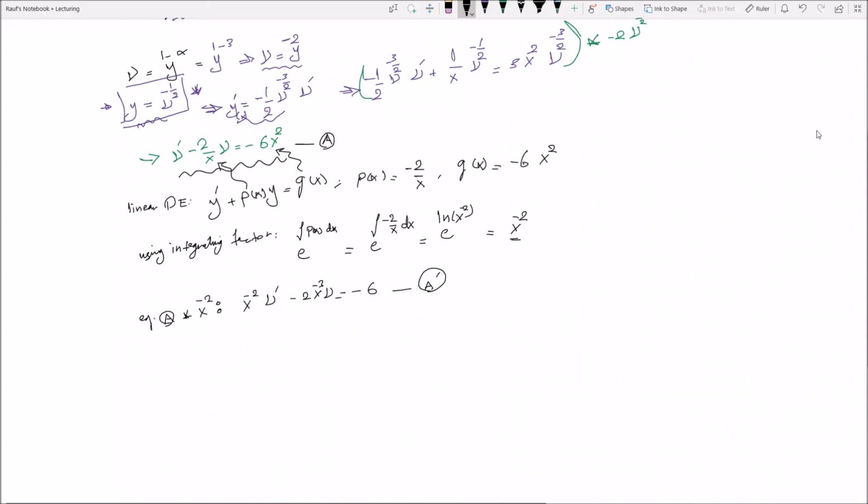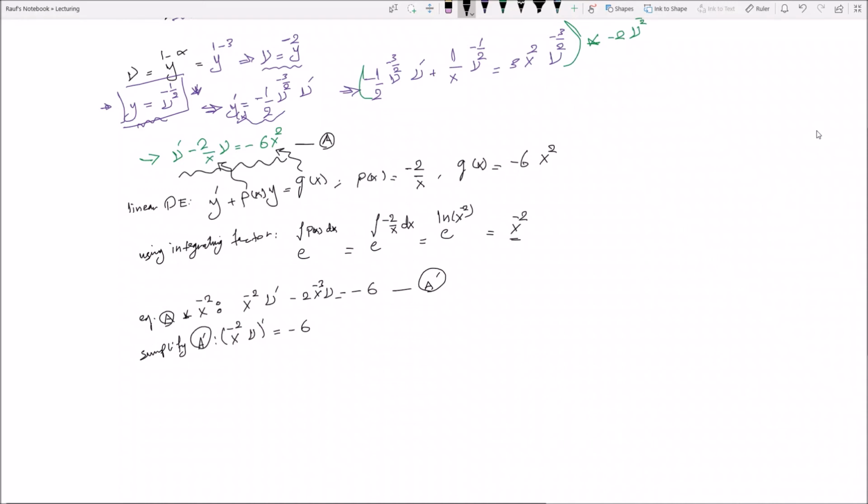Now, let's simplify equation A prime. It will give you x to the minus 2 multiplied by nu, all prime. So x to the power minus 2 multiplied by nu, all of it prime, equals minus 6.